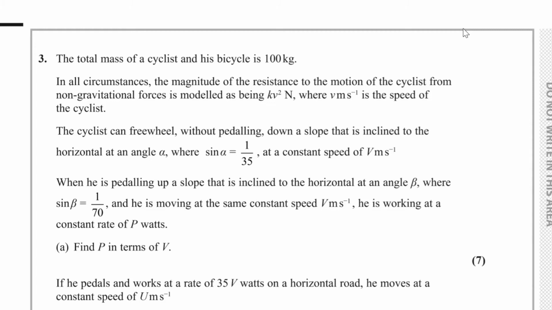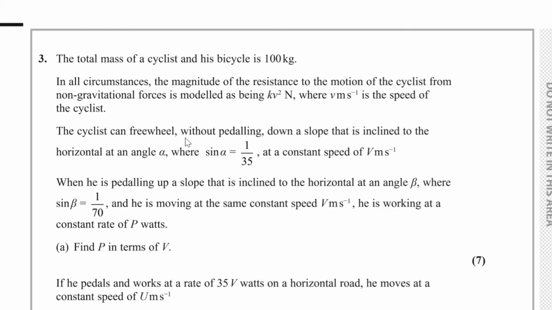Question number 3. The total mass of a cyclist and his bicycle is 100 kilograms. In all circumstances, the magnitude of the resistance to the motion of the cyclist from non-gravitational forces is modelled as being kV squared newtons, where v meters per second is the speed of the cyclist.